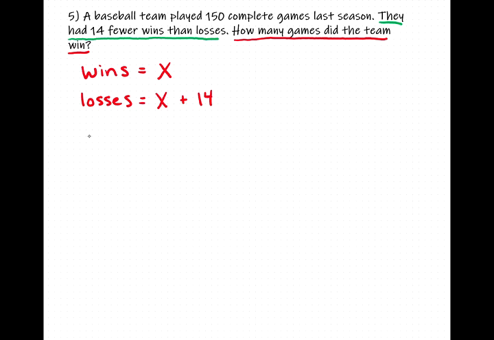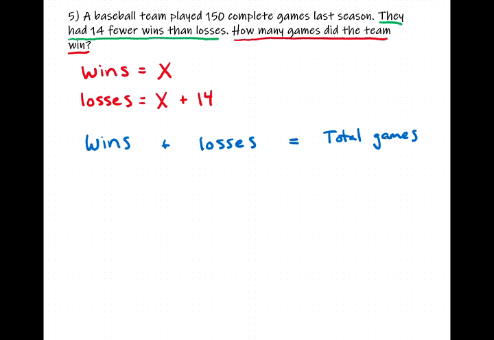And from the problem, we can see that the number of wins plus the number of losses must equal the total number of games. There's no other option. There's either wins or losses. So every game is either a win or a loss.